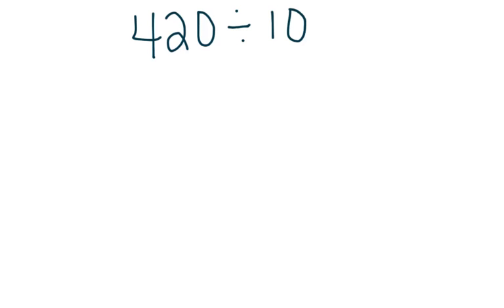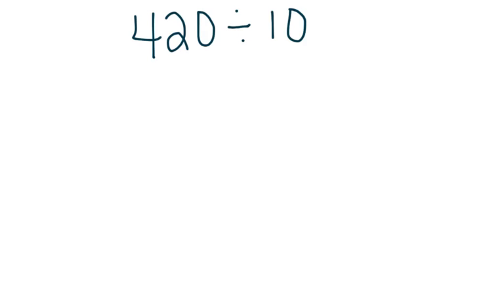Today, let's start off by looking at a problem like this. 420 divided by 10. While you may know the answer to that problem right off the bat, let's take a look at what is actually happening when we take this problem.